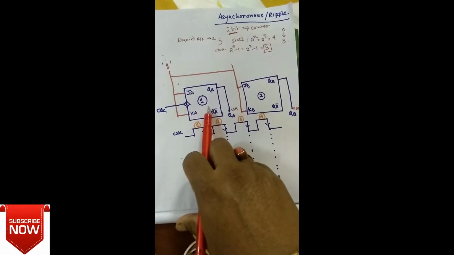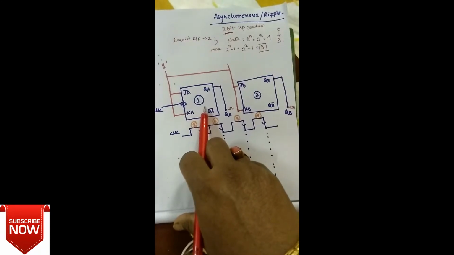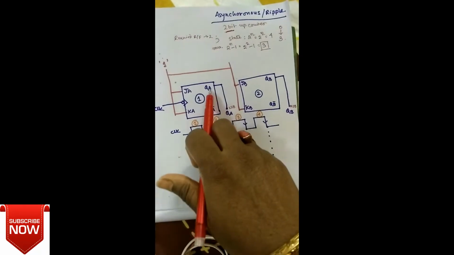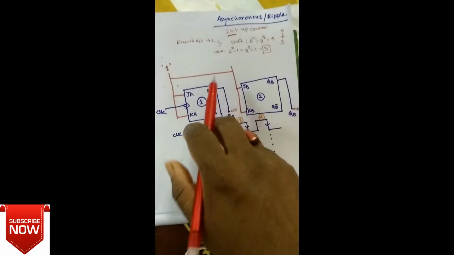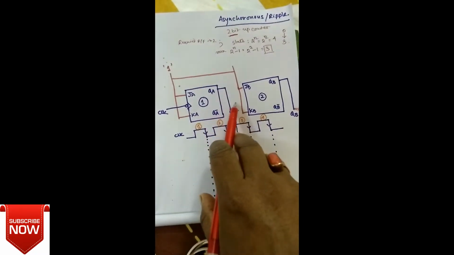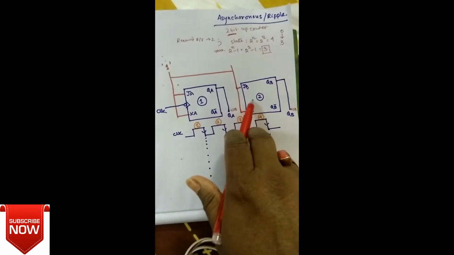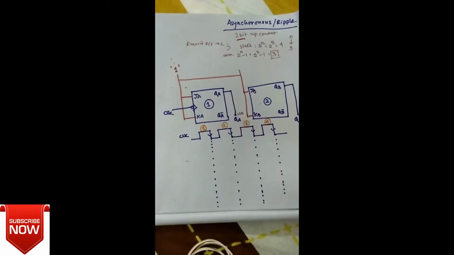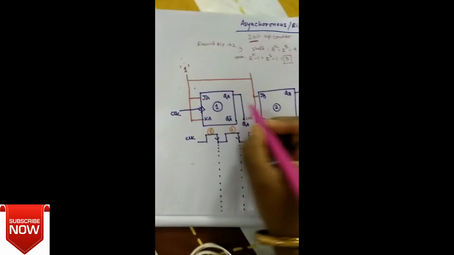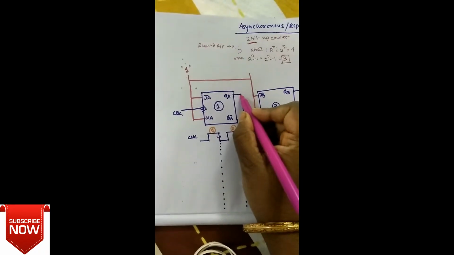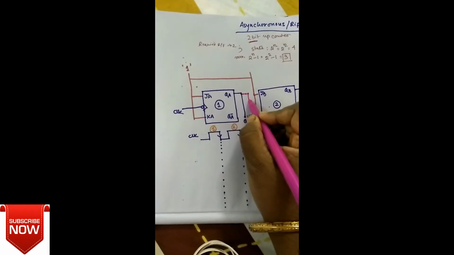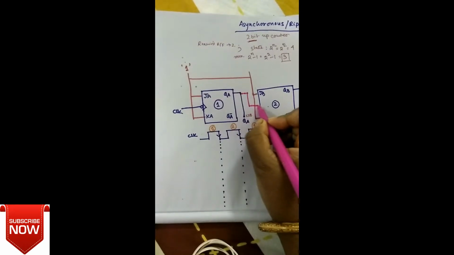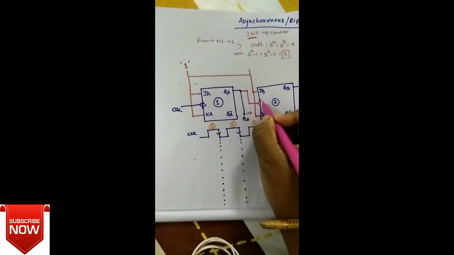And if this is an asynchronous or ripple counter, then the output of this flip-flop is considered as the clock of the next flip-flop. That means this QA, the output of this flip-flop, is treated as the clock of the next flip-flop.